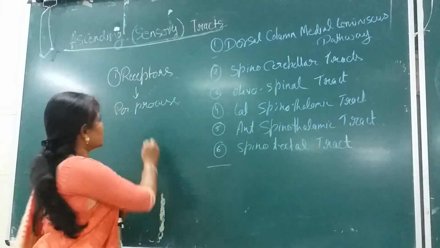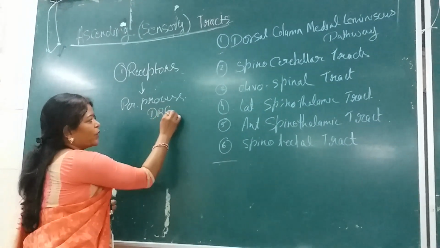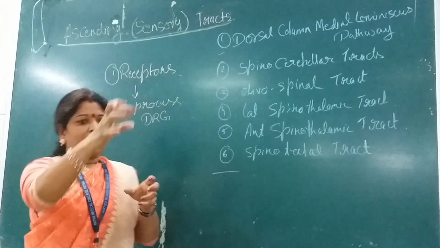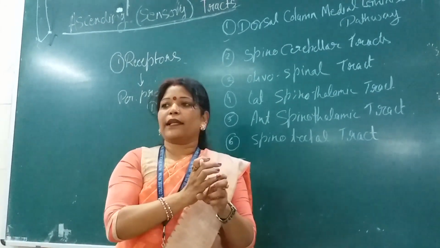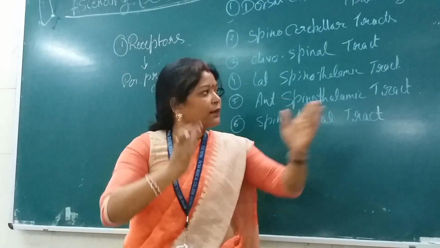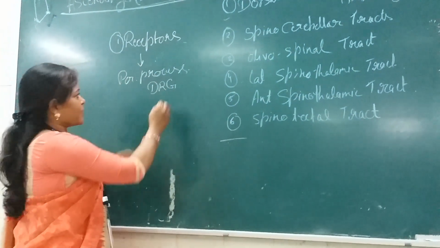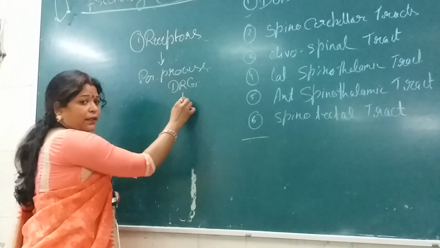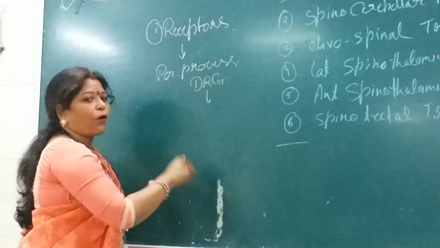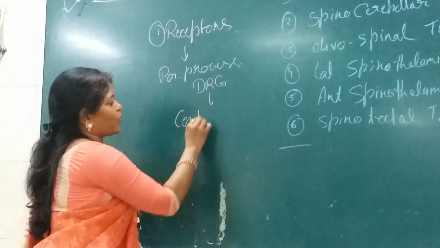The dorsal root ganglia, which is situated outside the central nervous system. So this will receive, and where will it convey this? Inside the spinal cord via its central process.